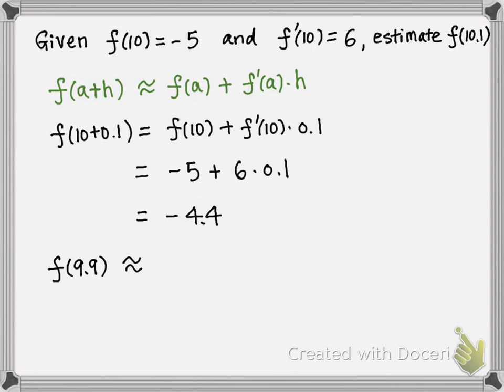So how do we estimate? We need to recognize what your a is here. Your a is not 9 because we don't know 9, but we do know 10. So a is 10, but what is your change? Your change is negative 0.1. So your h is negative 0.1.